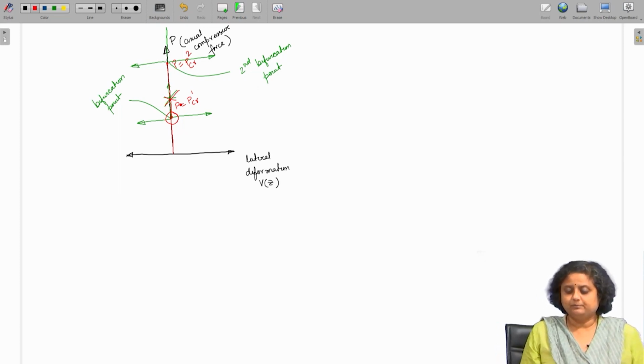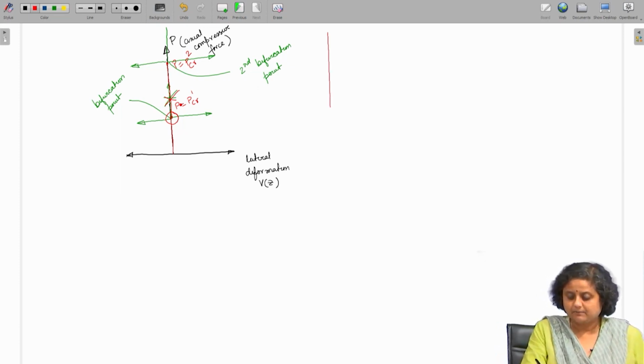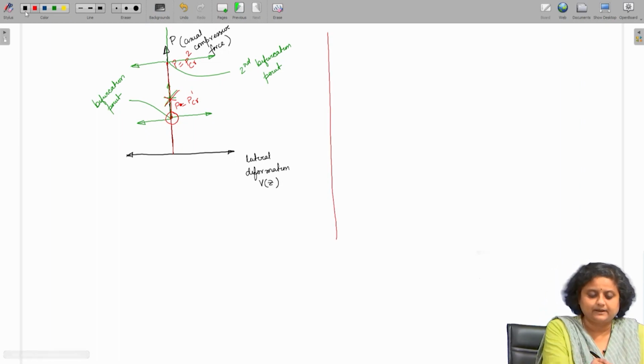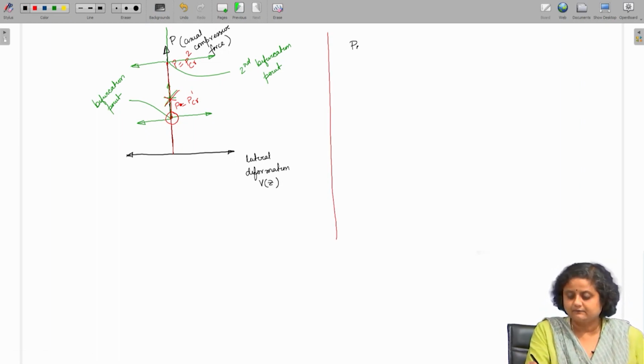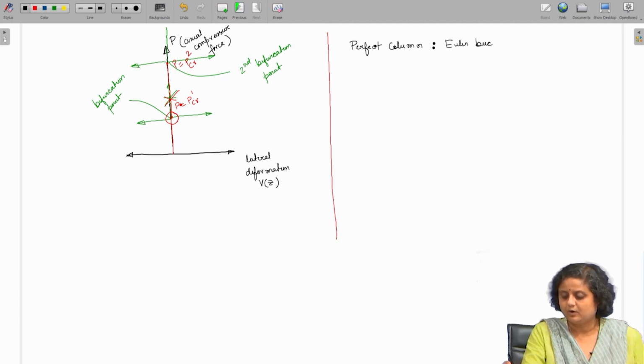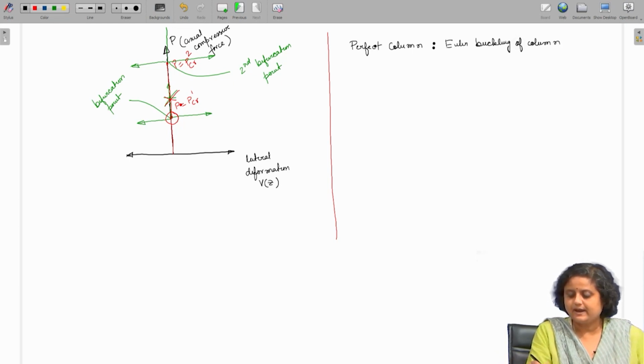Before that, let me just summarize what will happen for a perfect column. According to Euler buckling of column or Euler theory, if we have a column, till the point P is less than P critical, there would be no deformation.